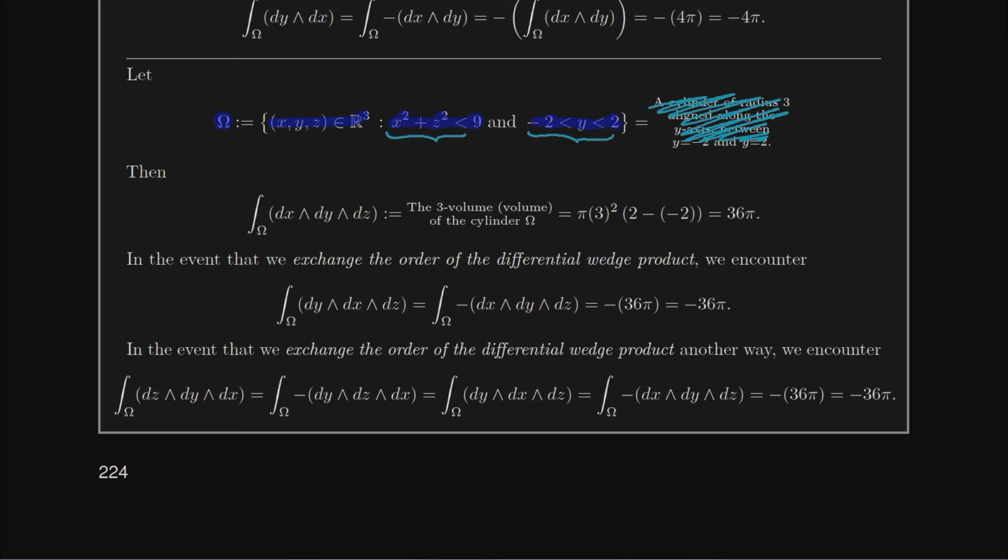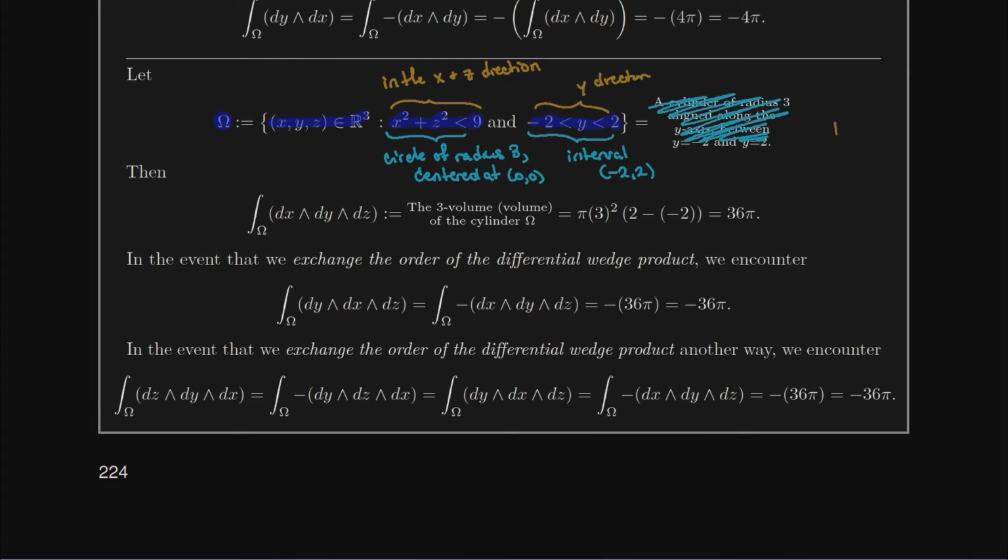This first inequality looks like the circle of radius 3 centered at 0, 0. And the second one looks like the interval -2 to 2. If we think about the variables involved in each of these cases, this is in the x and z directions. So we have this circle in the x and z directions, and we have an interval in the y direction.